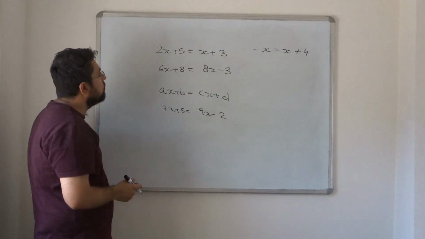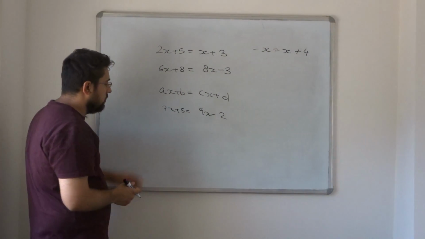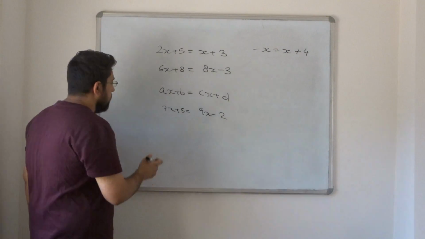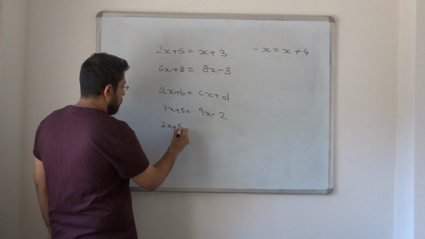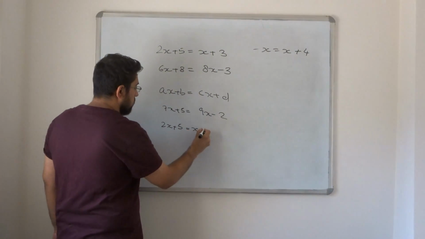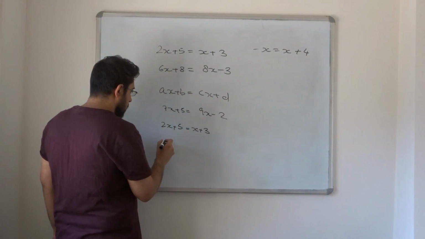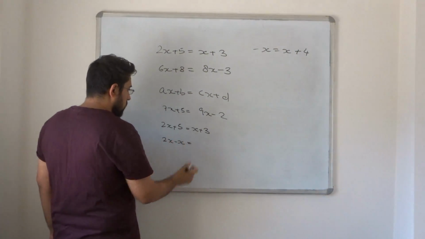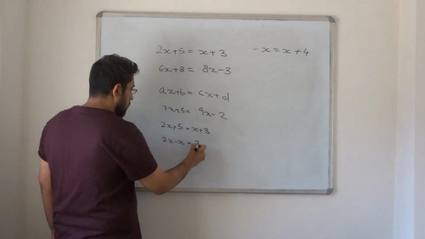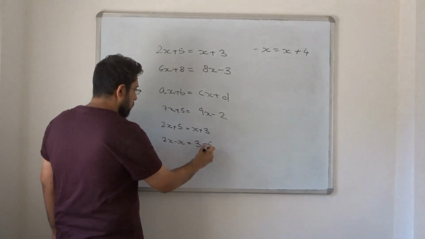So what I'm going to do is solve them one by one, and I'll solve them here. So now let's solve this one. 2x plus 5 equals x plus 3. So basically, guys, you get 2x minus x. You have 3 here, then you take minus 5.